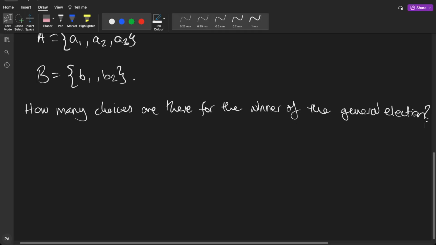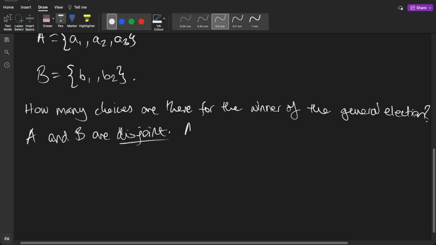Now, there are a few important things that we have to note about this. You might think the answer is obvious. There's obviously 5. There's 3 candidates from A and there's 2 from B. 3 plus 2 is 5. That's true. That is the answer. But there's something very important that we have to note. A and B are disjoint.